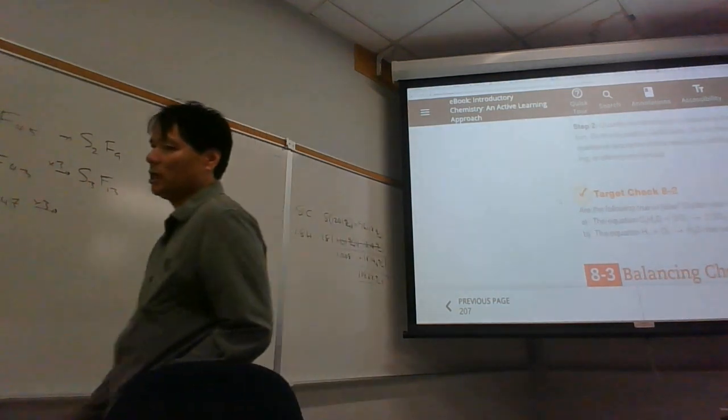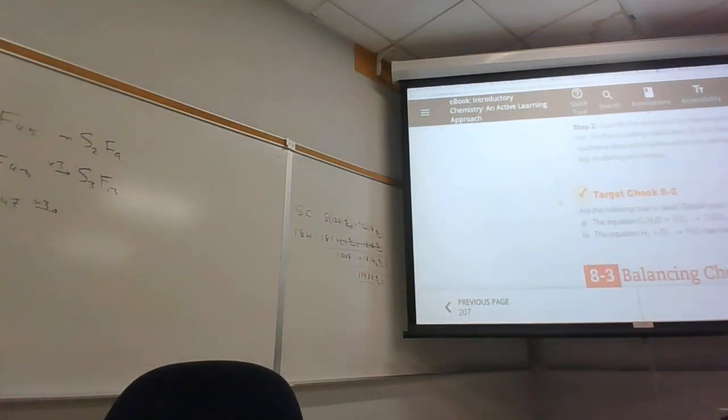So the strategy I use is we save the elements for last. And so in this case, the element would be oxygen, would be last. And so I would have C2H4O plus O2 yields CO2 plus H2O. So I'm going to start completely over.